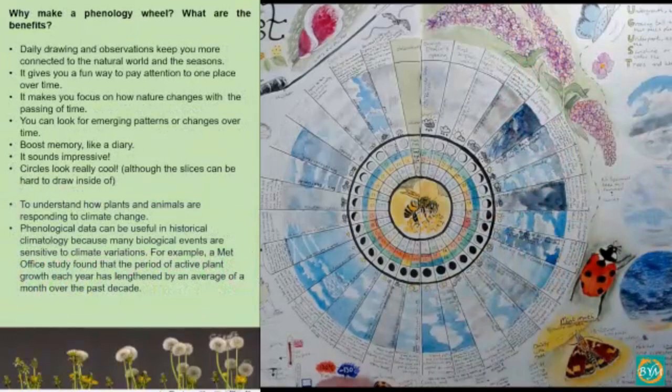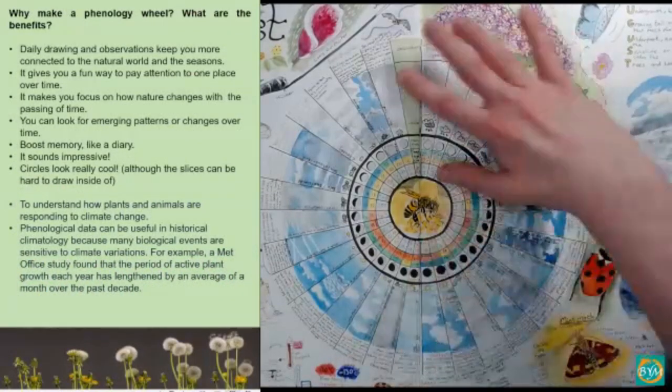So then let's move on to why make a phenology wheel. What are the benefits? Why are we doing this? So first of all, daily drawing and making observations from nature does keep you more connected to the natural world and to the seasons.